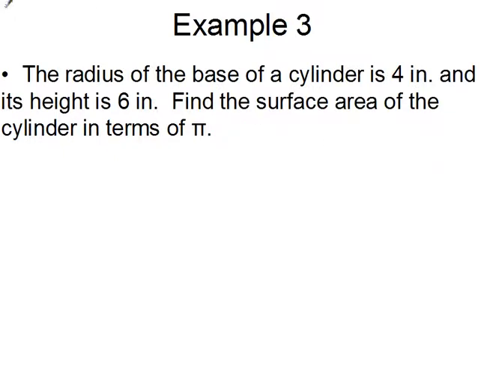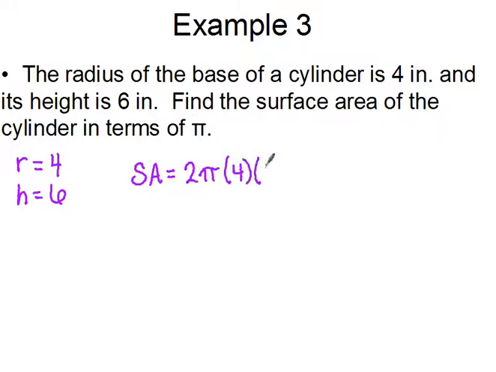Alright, so let's go through and let's figure out what we know here. It says the radius of the base of a cylinder is 4, and its height is 6. And we're going to find the surface area of the cylinder in terms of pi. So we do surface area, 2 pi r h plus 2 pi r squared.